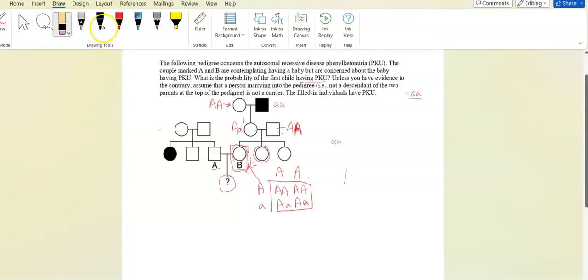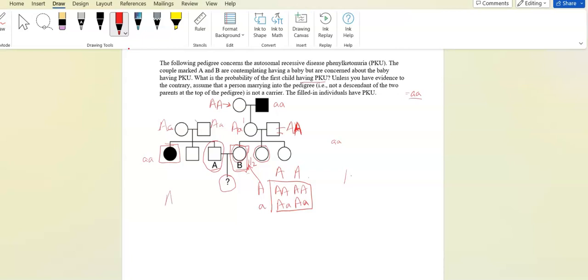Now let's take the other family line. We have these two parents, and we know that one of their offspring has PKU. So this offspring has to be little a, little a, and the only way to get that is if both of these parents are heterozygous. We know that for a fact. Now we want to know the probability that this person is a carrier.